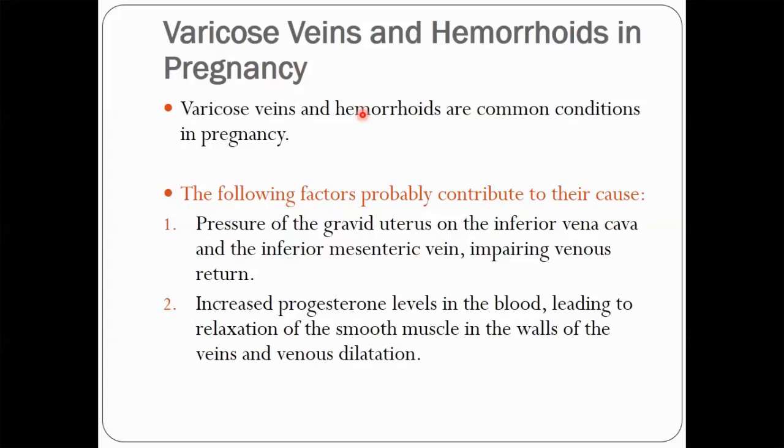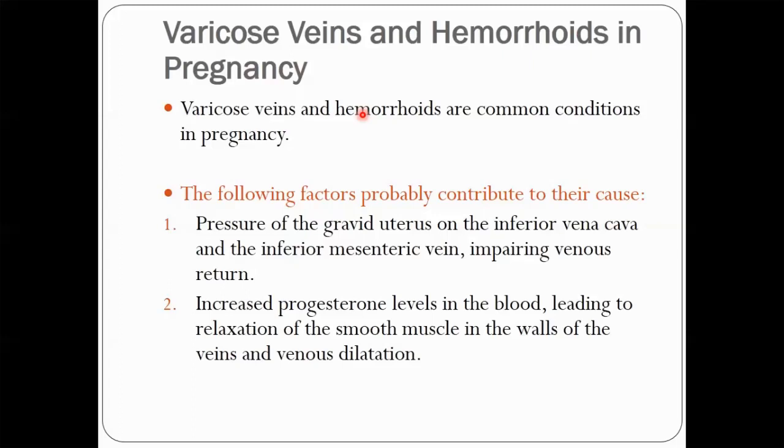Two common conditions that may occur in pregnancy are varicose veins, which are the varicosities of the legs, and hemorrhoids. These two clinical conditions may occur during pregnancy because the gravid uterus, meaning the uterus which contains a baby, compresses the inferior vena cava and the inferior mesenteric veins, thus hindering the venous return and causing stasis of blood within the veins, leading to these two clinical conditions.